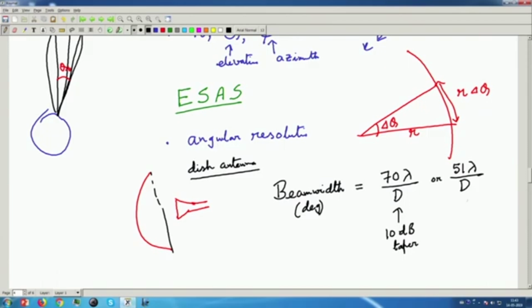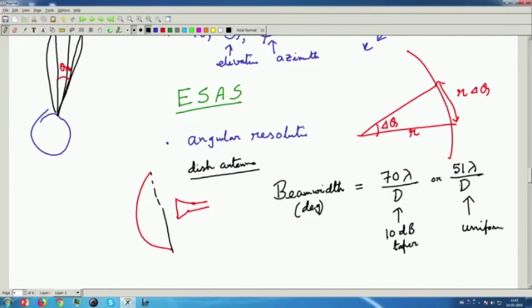If you have uniform illumination, then you have less beam width, which is better, but that has a problem in its side lobe. That is why the horn is always designed such that there is a taper, usually a 10 dB taper.